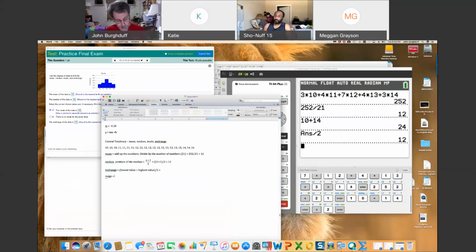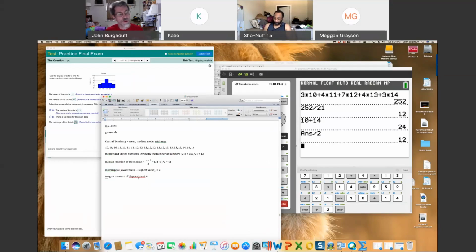Range is technically called a measure of dispersion. And I obviously misspelled that word, but it means how much the data is spread out. So forgive my spelling.